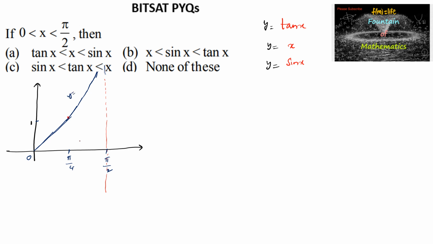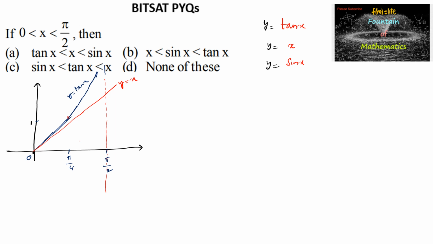This is y is equal to tan x, and y is equal to x is a straight line which makes 45 degrees. Say this is y is equal to x. And now the sin x graph, we can check the graph of sin x.